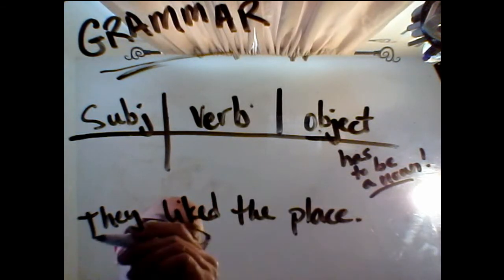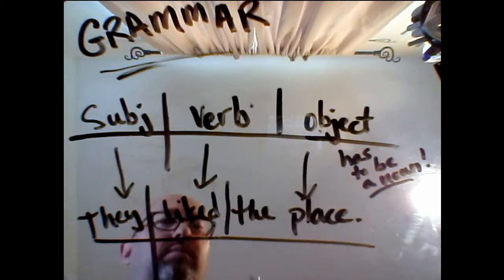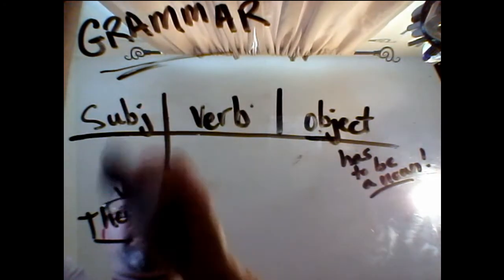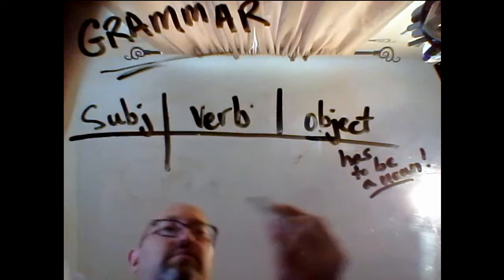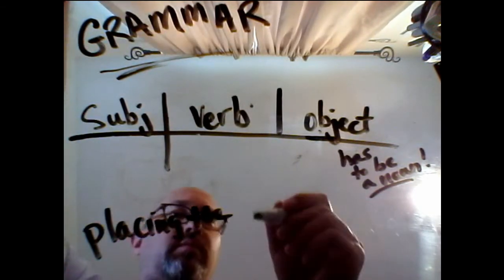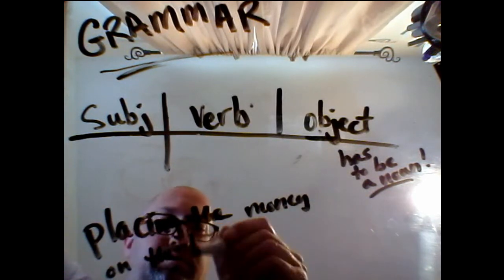So let's take a look at another example. They liked the place. Alright, so now we have they, subject, liked, verb, the place. Now the place is a noun, so it can be your object. The reason that it can be an object is we have an action verb. An action verb, and especially a transitive action verb, can have an object.